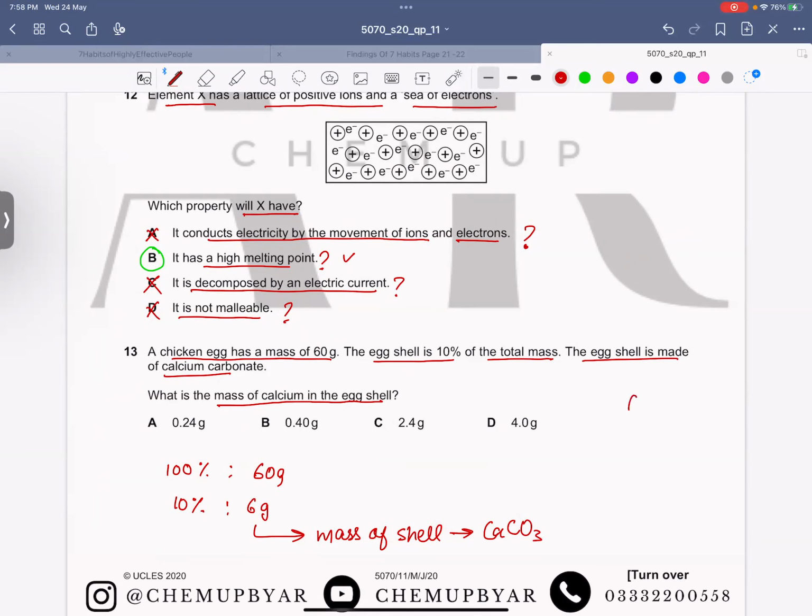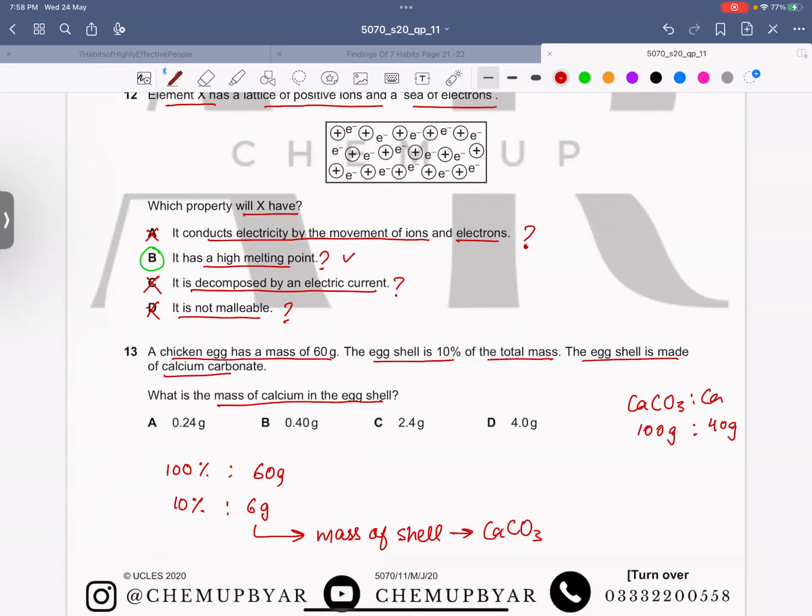If you relate calcium carbonate with the calcium, the Mr of calcium carbonate is 100 grams, and out of these 100 grams, the Ar of calcium is 40. So in 100 grams, there are 40 grams of calcium.